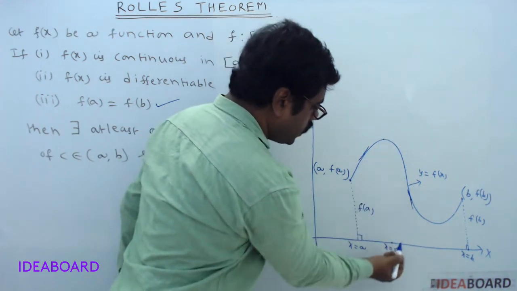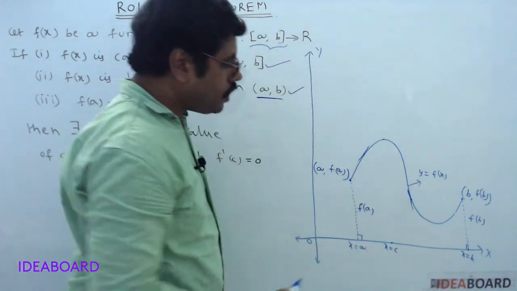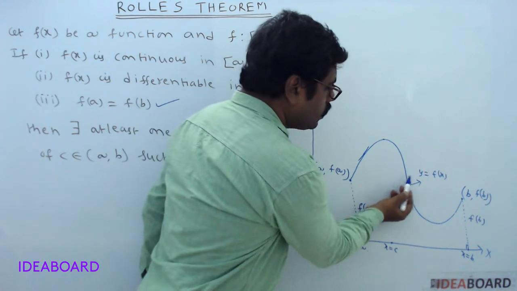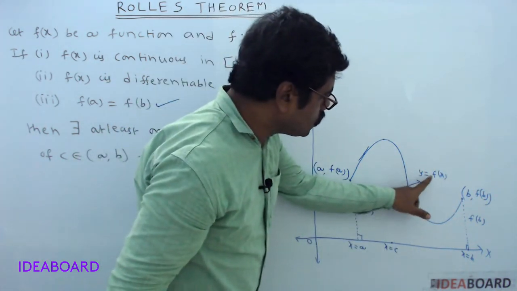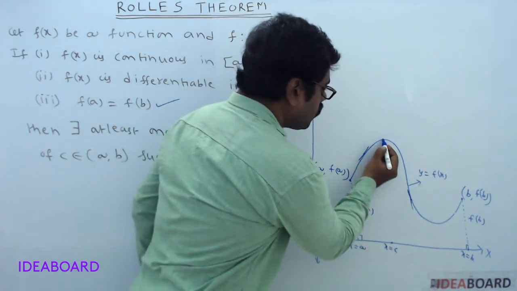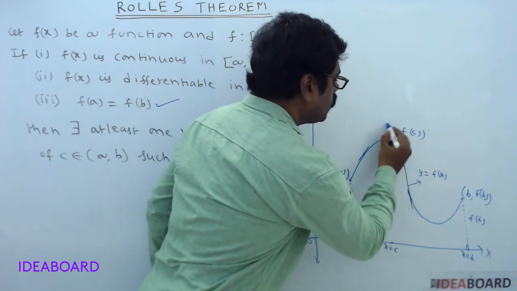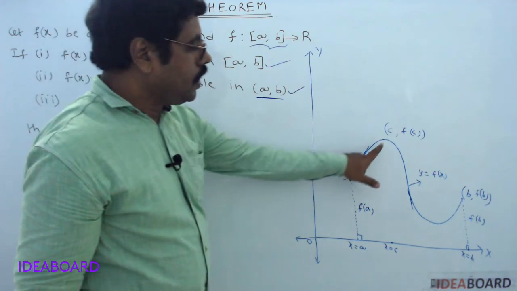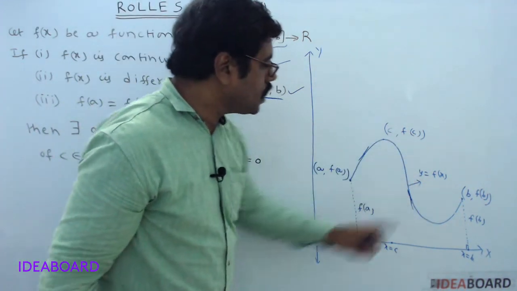This is the point corresponding to x equals C. By substituting x equals C in y equals f of x, we get y equals f of C. It means this point's coordinates are C comma f of C. Now draw a tangent line at the point C comma f of C to this curve.